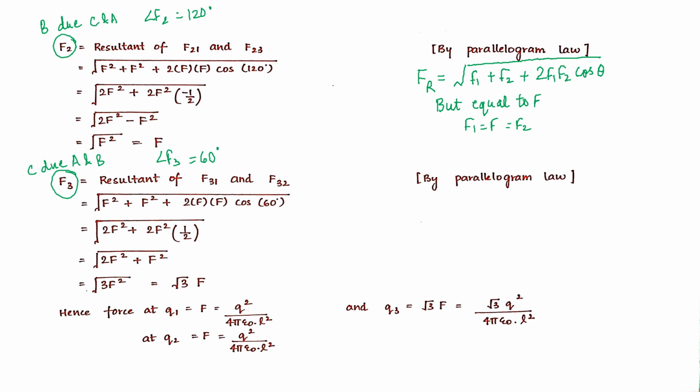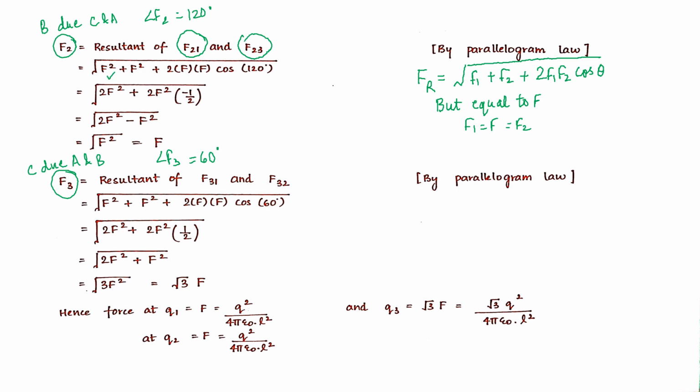Force on A due to C is F, force on A due to B is F. But what is the resultant force when the two forces, due to B and due to C, meet on A? What is the equivalent force? That we are finding through this formula. So F21 and F23 are the resultant forces here.